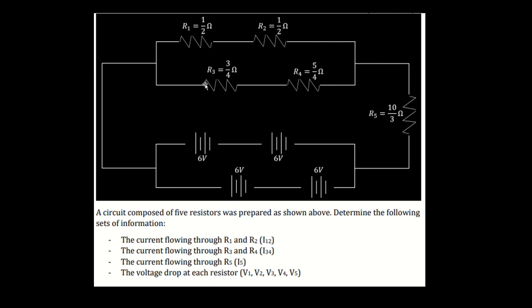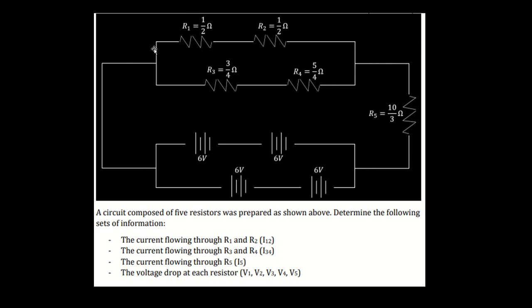We will also determine the current flowing through resistor 5, which is simply going to be whatever starting current we have. Some of it will go through path 1, some will go through path 2. That current will meet up and we'll have the total current again, all flowing through resistor 5. Then we'll also determine the voltage drop across each individual resistor.